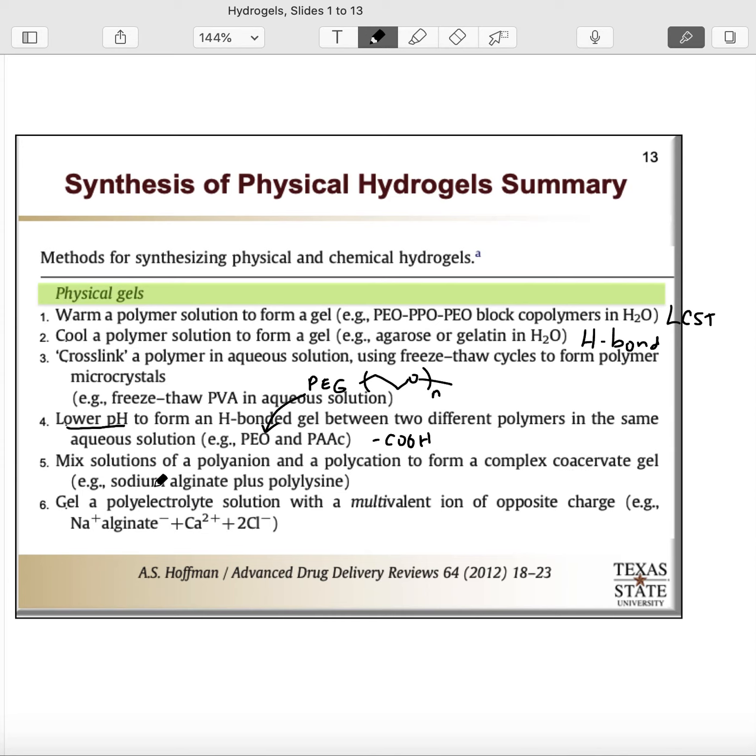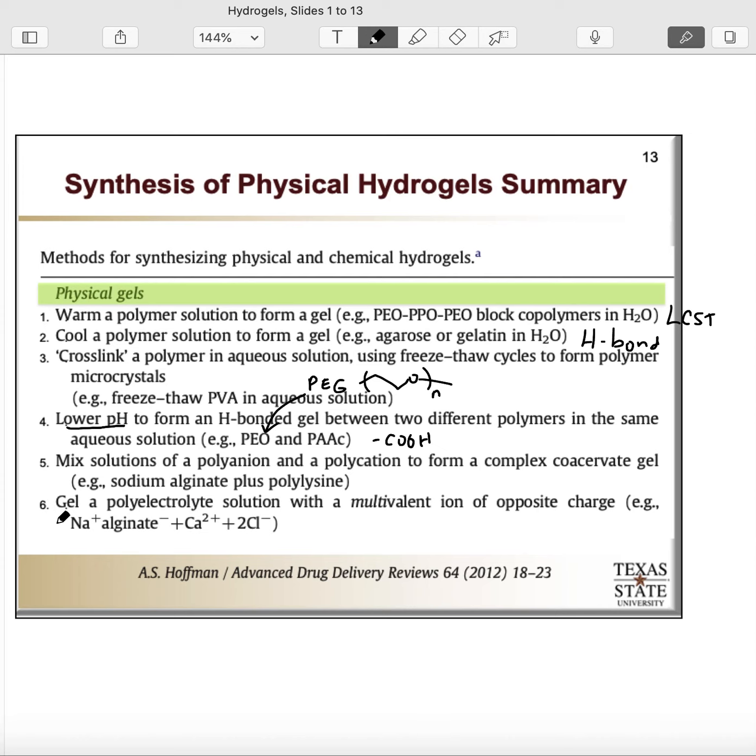For example, utilizing sodium alginate plus poly-L-lysine. Sodium alginate can also be called alginic acid, and so it's negatively charged. And polylysine has primary amines, which would be positively charged at neutral pH. So basically we have a polyanion here, polycation, and the opposite charges bring them together into forming a complex coacervate.